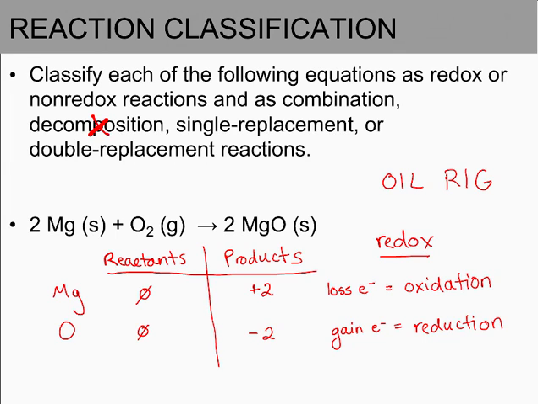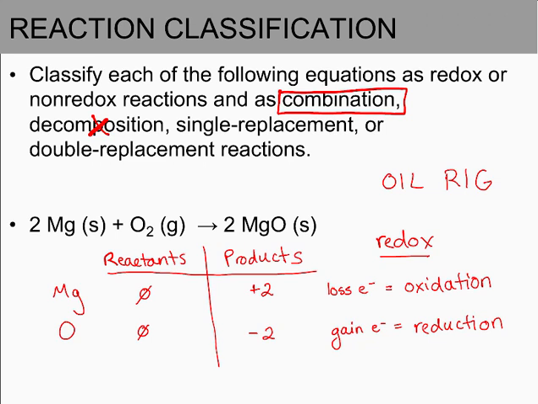All right, and then let's go to combination next. So in a combination reaction, we only have one product. And that's exactly what we have here. So this would be a combination reaction.